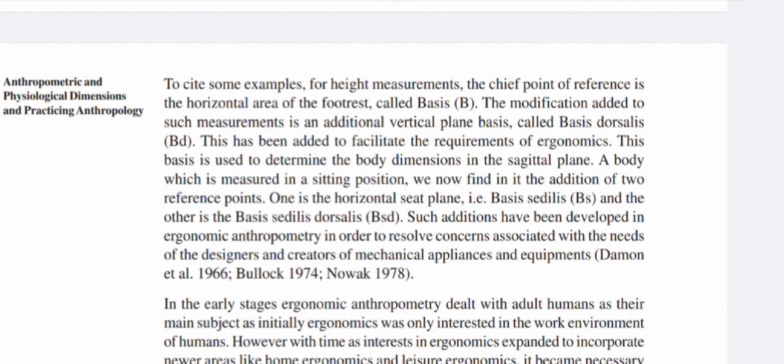Such additions have been developed in ergonomics anthropometry in order to resolve concerns associated with the needs of the designers and creators of mechanical appliances and equipment. Damon et al. 1966, Bullock 1974, Novak 1978.